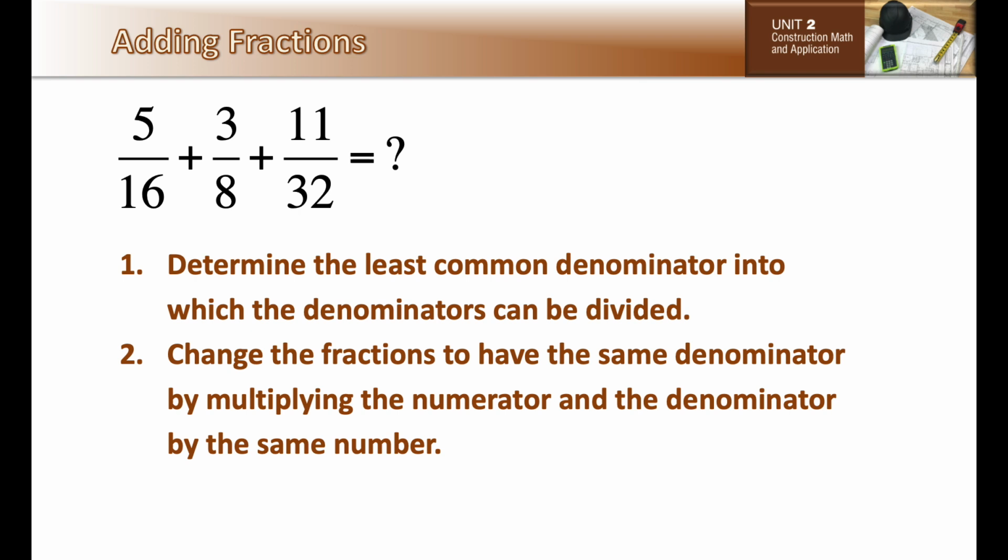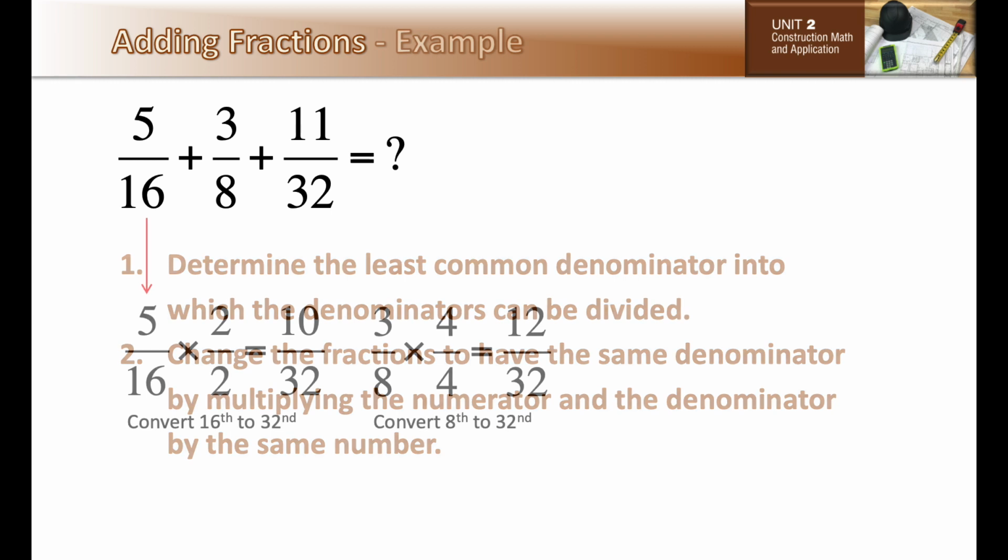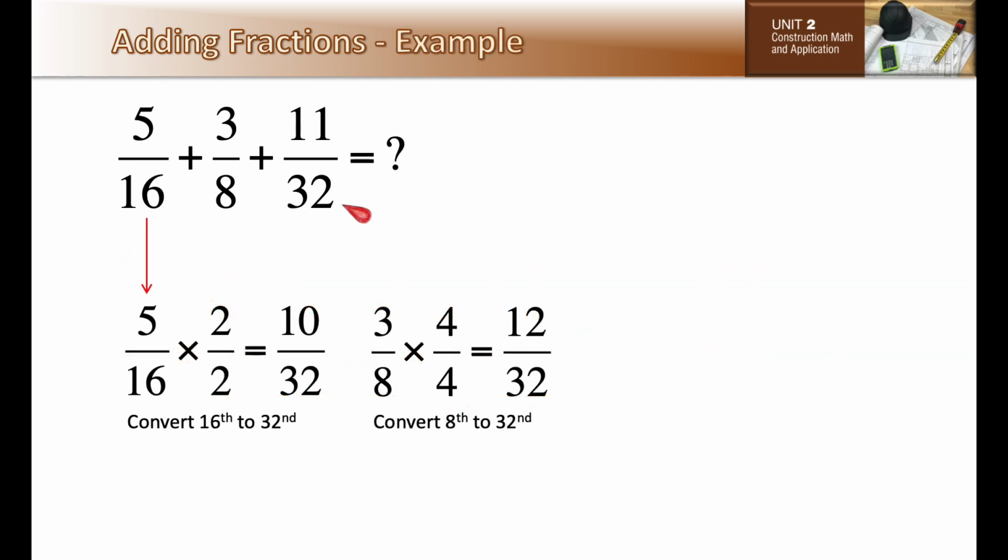Adding fractions. First determine the least common denominator into which the denominators can be divided. Then change the fractions to have the same denominator by multiplying the numerator and the denominator by the same number. In this example, 32 is the least common denominator. To convert 16ths to 32nds, multiply the numerator and the denominator by 2.